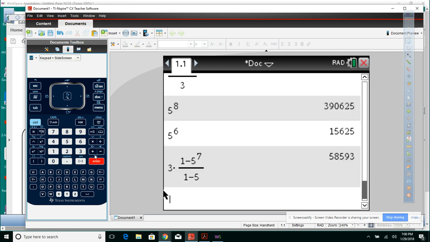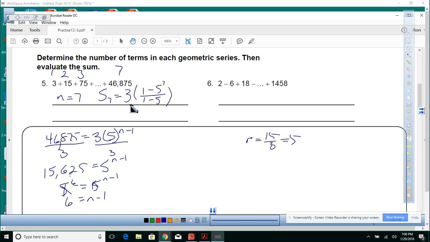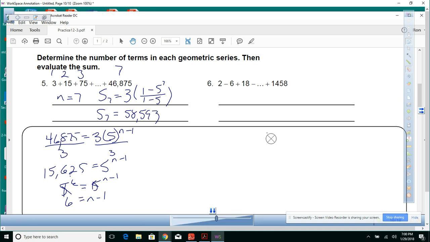And what do we got? 58,593. So S sub 7 is 58,593.